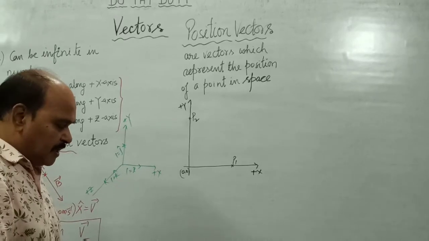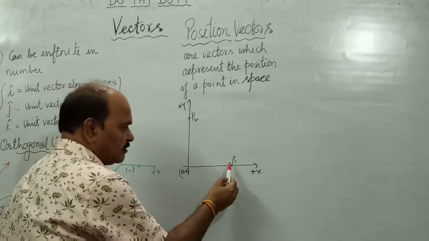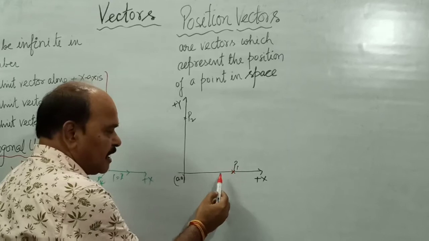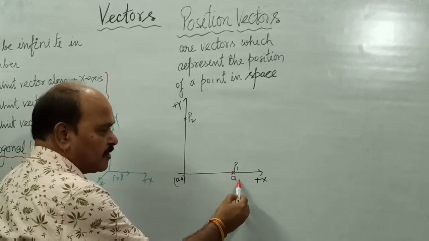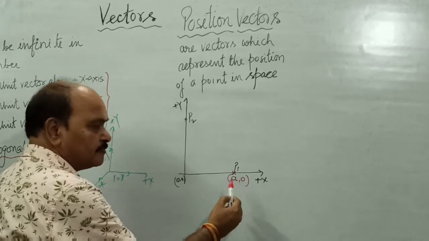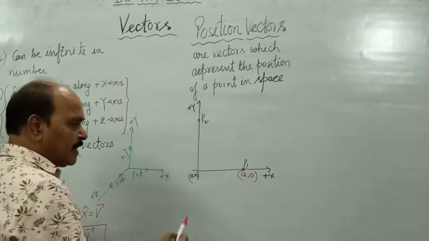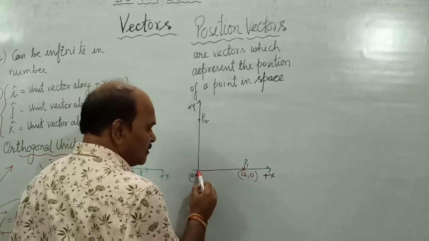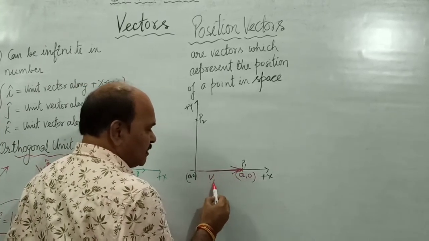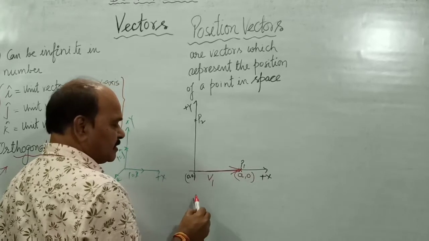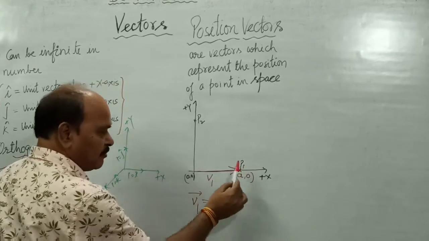If we have a point P1 here over x-axis and its distance from origin is A, then the position coordinate of this point is going to be A and 0. If we make an arrow joining this point from origin, what is this arrow? This arrow is a position vector of this particular point P1.